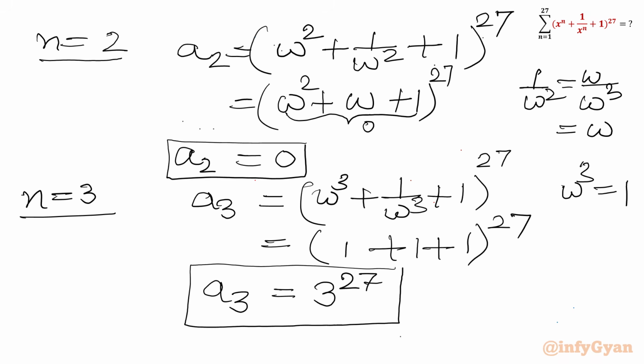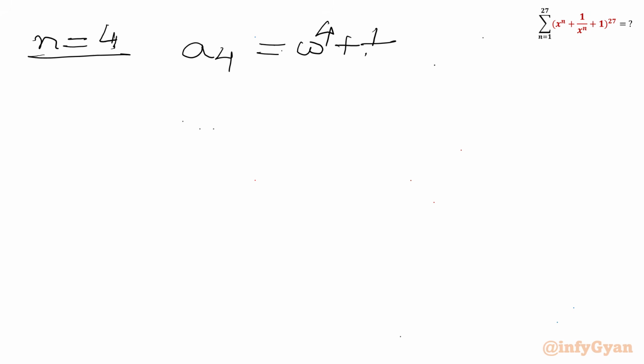Now I will check for n equal to 4. Let's check the value of a4. So I will be writing (omega power 4 plus 1 over omega power 4 plus 1) whole power 27.